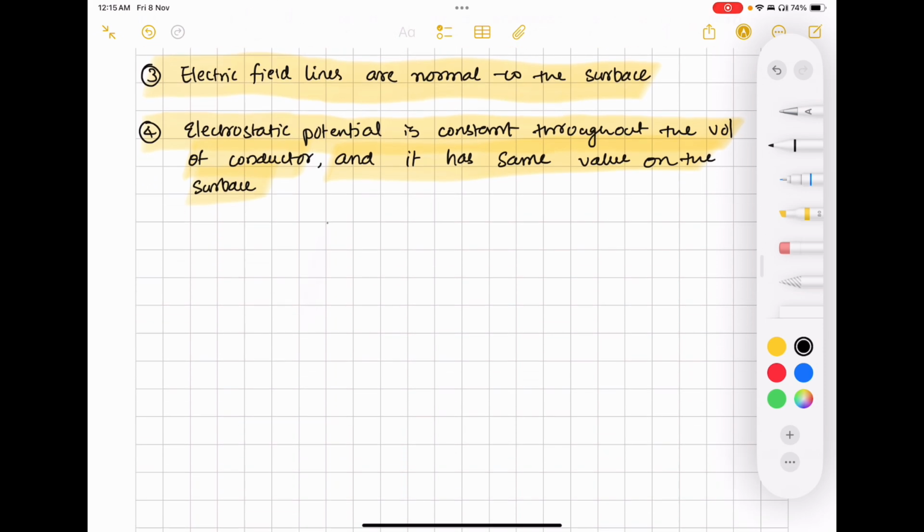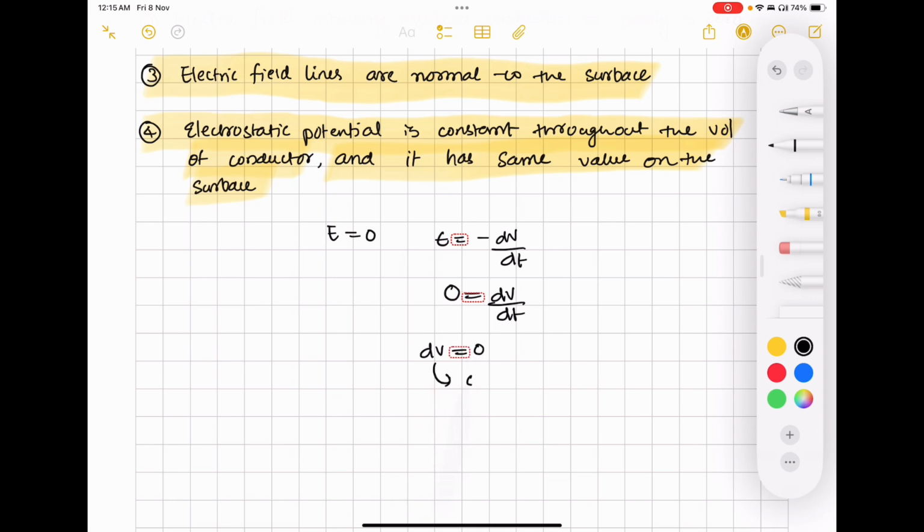So we have the electric field inside the cavity or conductor is zero, and we have E is equal to minus dV by dr. If E is equal to 0, then 0 equals dV by dr, which implies dV is equal to 0.